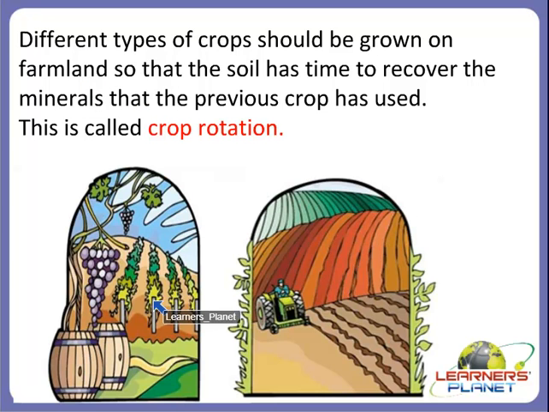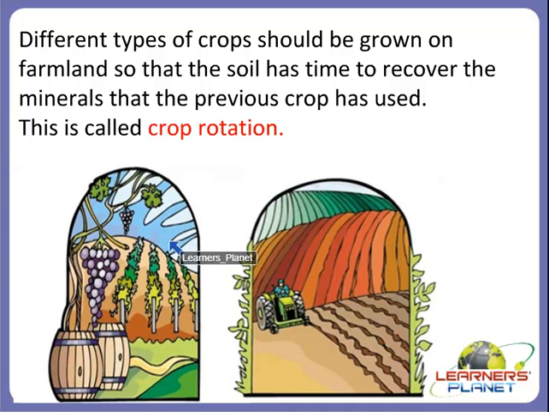Farmland means on one farm we can grow different types of crops. But what should we do? Yes, we should grow different types of crops on farmland. Why? Because the soil will get time to recover the minerals that the previous crop has used.